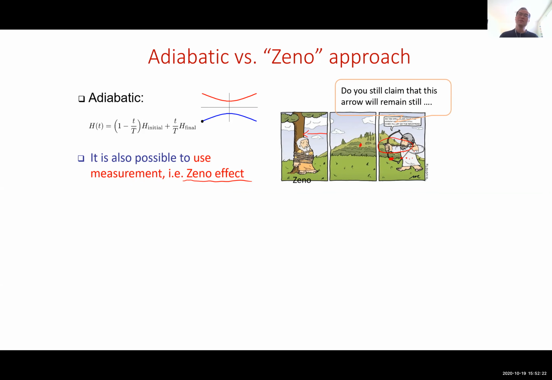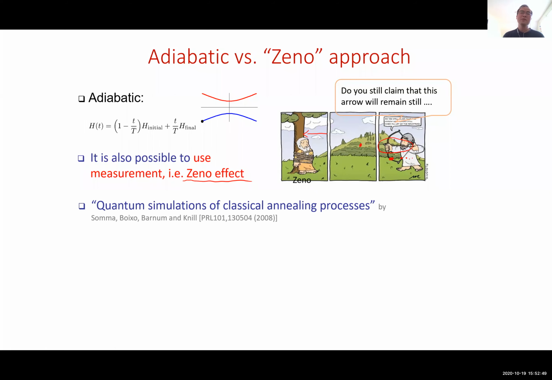And therefore, Zeno claimed that it's not possible for the arrow to reach from one to the other. Of course, this is absurd, right? Because even though we have infinite intermediate middle points, they add up to a finite amount of time. Okay, that's a cartoon just to make fun of Zeno. But in terms of our adiabatic quantum computation, it's also possible to use measurement instead of letting it evolve.